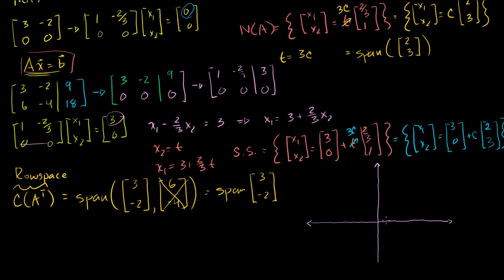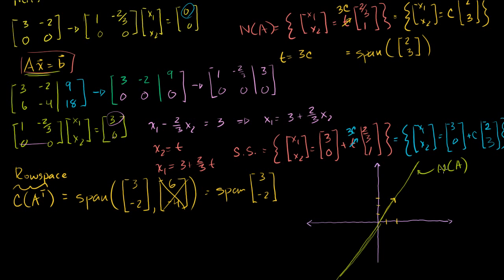If I go out 1, 2, and then up 1, 2, 3, the vector 2, 3 looks like this in standard position. The null space is all of the multiples of this, so you get a bunch of vectors that point to every point on this green line. That is the null space of A.